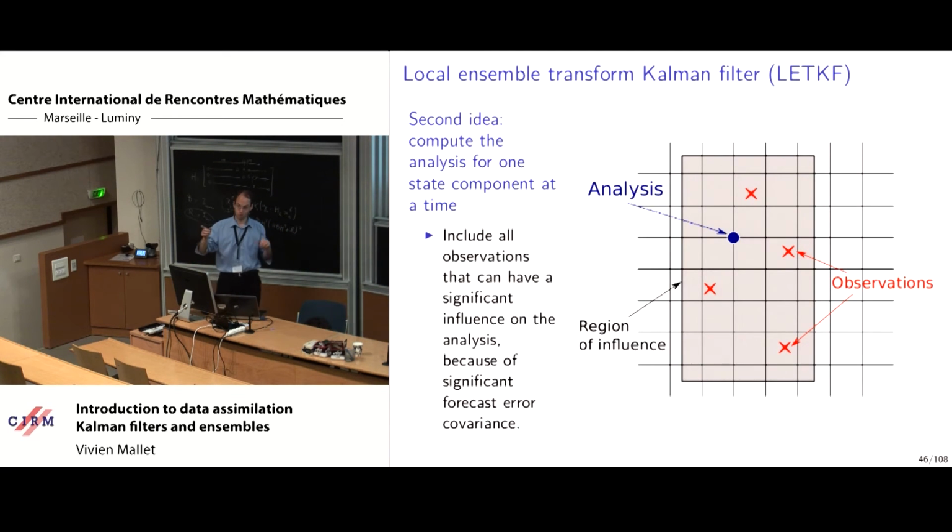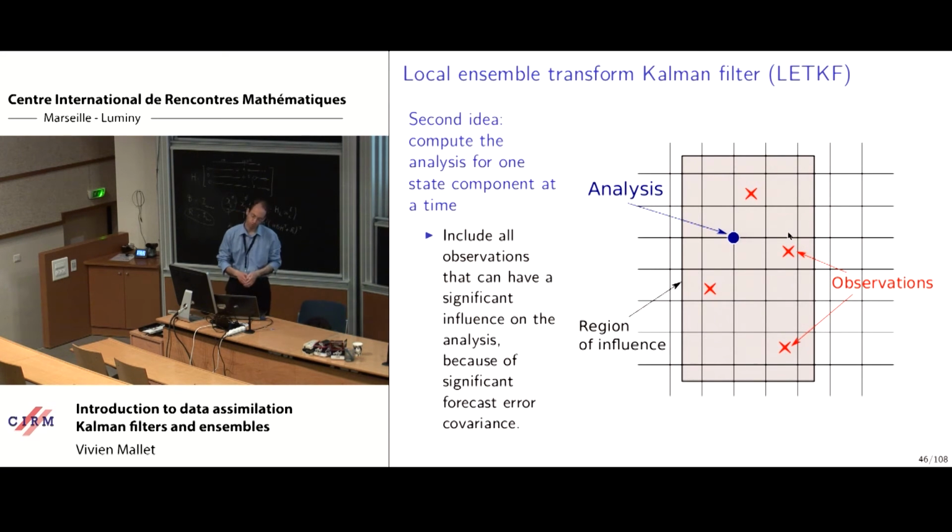So the covariances between the errors at this point here, and the error at some point outside this domain is supposed to be very low. So even if you have observation there, they are not going to have a significant impact on this point. So you can just cut.